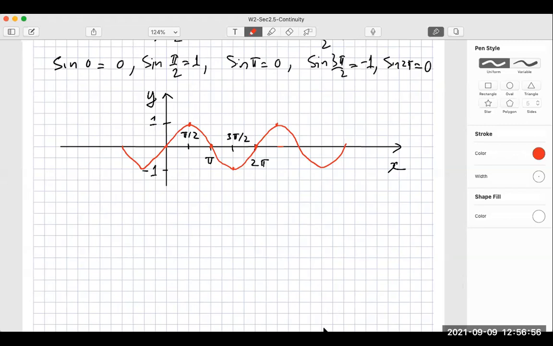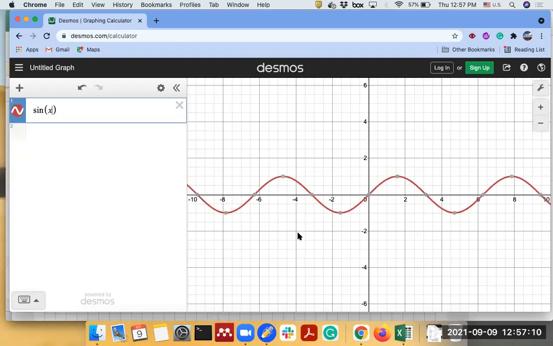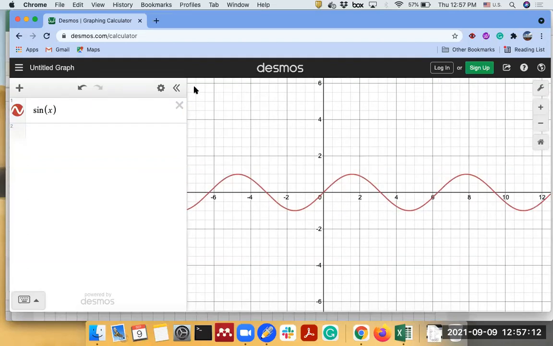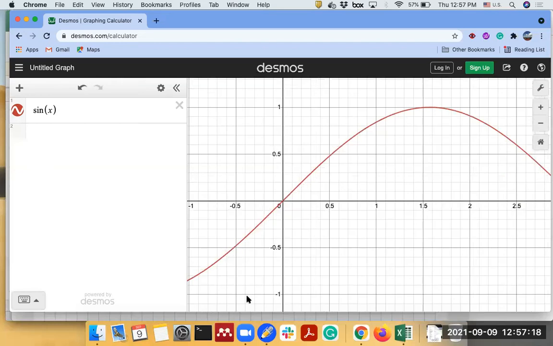So now let us play with the Desmos graph here. You see that it is exactly what we saw previously, right? People on Zoom, are you seeing my graph on Desmos?